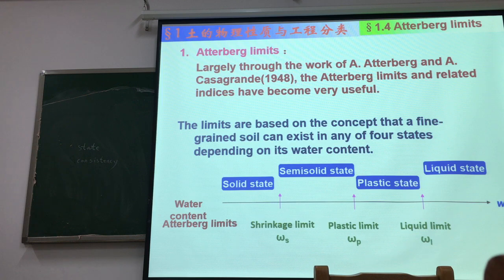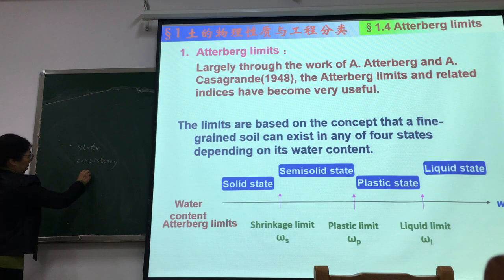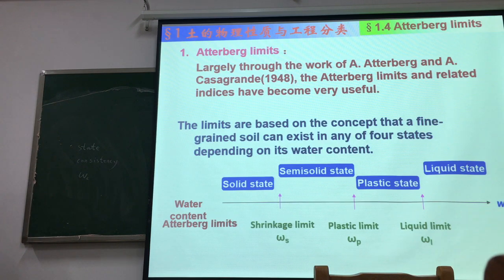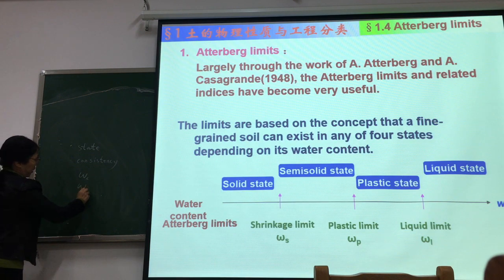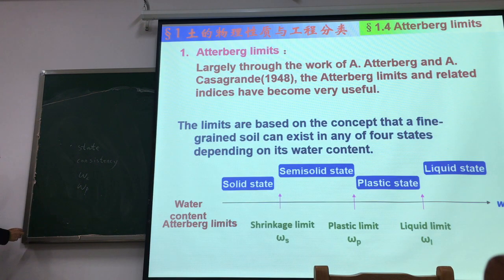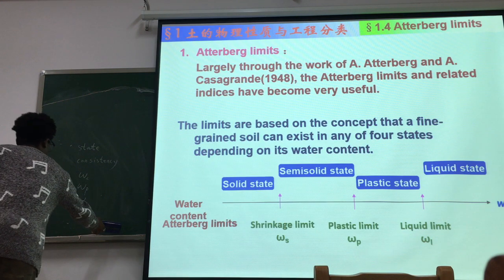but how to separate the four states? Here we should use the upper limit or limit water content. Here, that's the liquid limit or plastic limit or shrinkage limit. Okay.